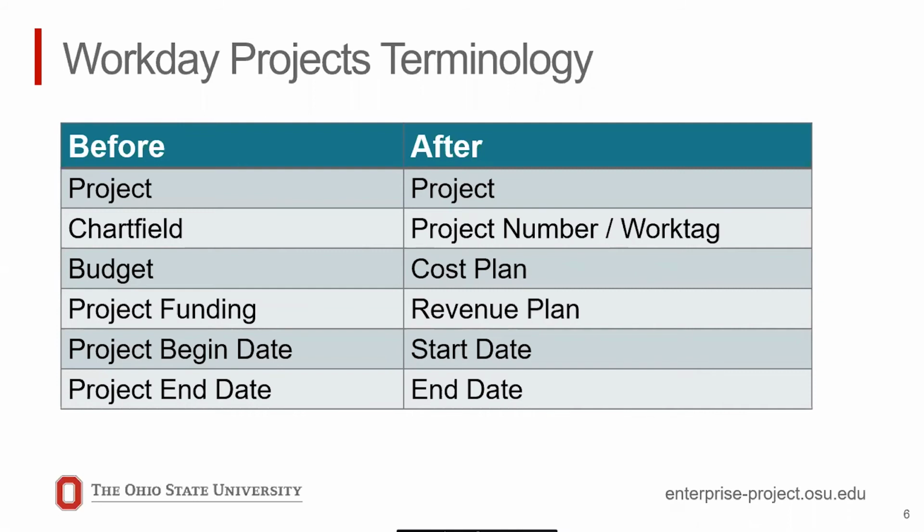In Workday, the budget is a cost plan. The funding that is associated with the project is the revenue plan. The project cost plan and revenue plan are visible on the Project Financials tab to track spend to actuals.